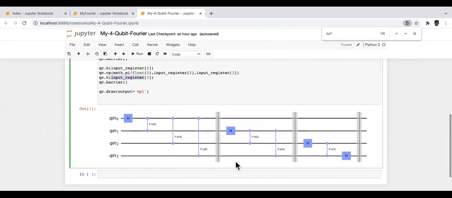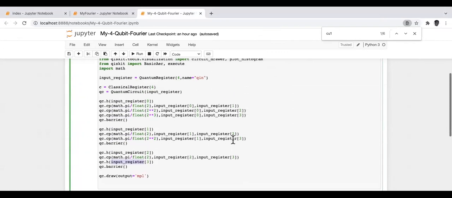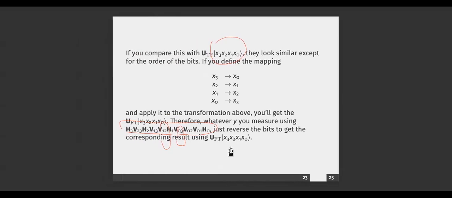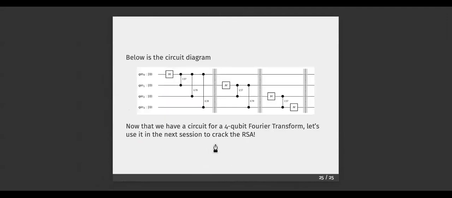And then this is what you get, a very nice drawing. This is nothing but the quantum Fourier transform of a 4-qubit system. That's the source code, and this one is the diagram.